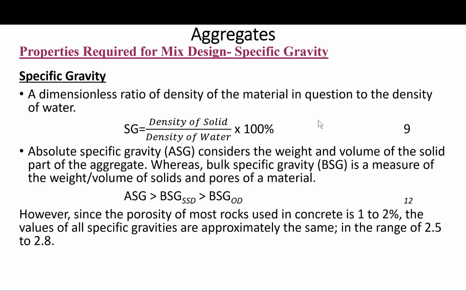Okay, so we have to distinguish between the apparent specific gravity, ASG, and basically the bulk specific gravity, BSG, based on oven dry condition (OD) and SSD, saturated surface dry condition.